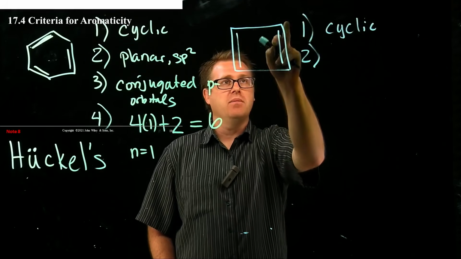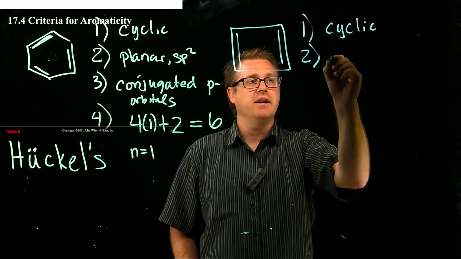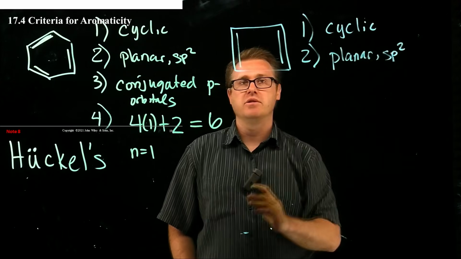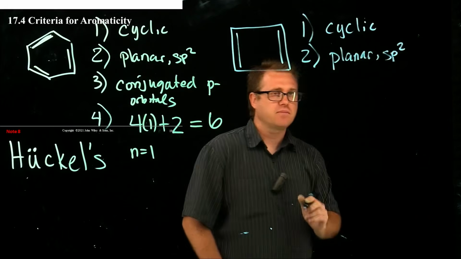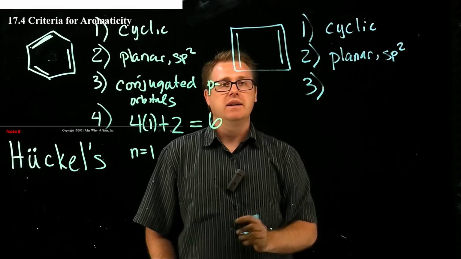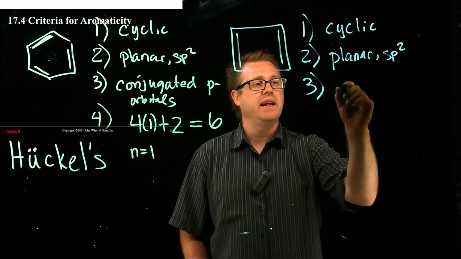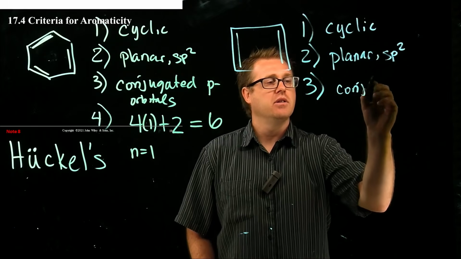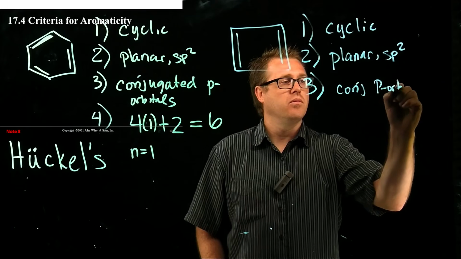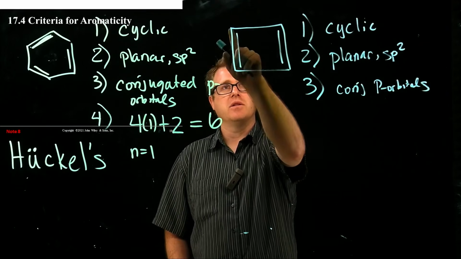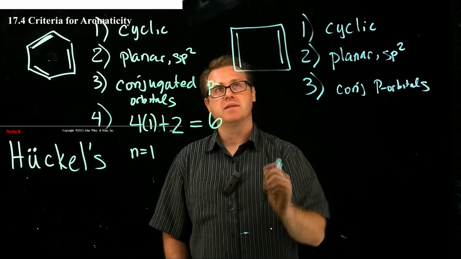When you look at the carbons, are they sp2 hybridized? And they are. So they're sp2, so that molecule's flat. Are there conjugated p orbitals? Yes. Each of those carbons is sp2 hybridized.